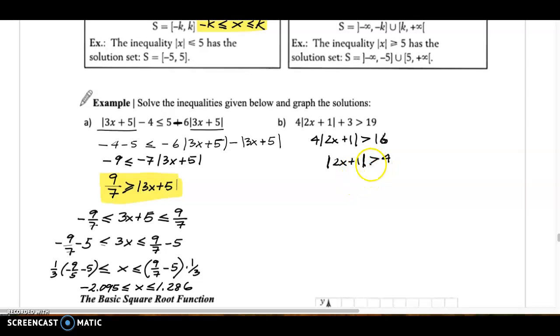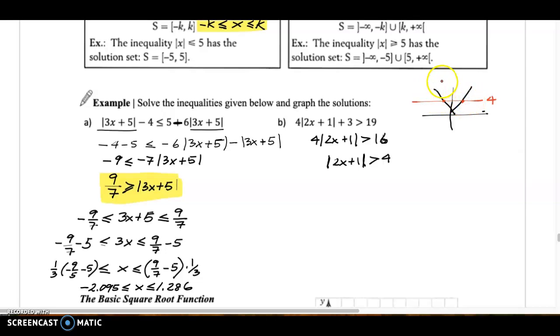Because this is greater, if we just think about it, I'm going to have a general case that looks just like this. I'm going to draw a line and call that 4. This is just hypothetical, right? If you're looking at greater than 4, look at the points right here and right here.